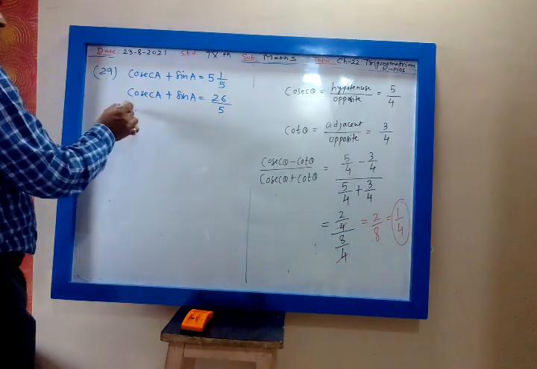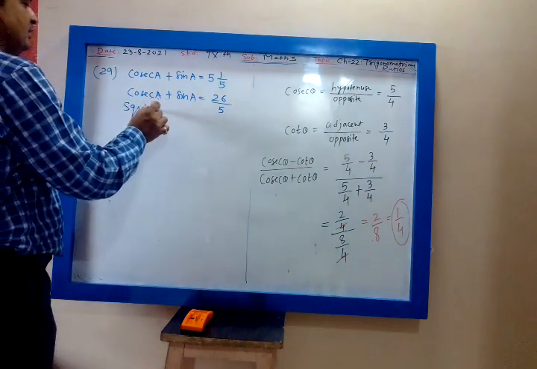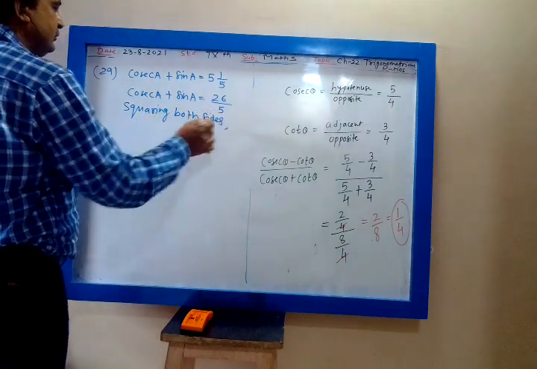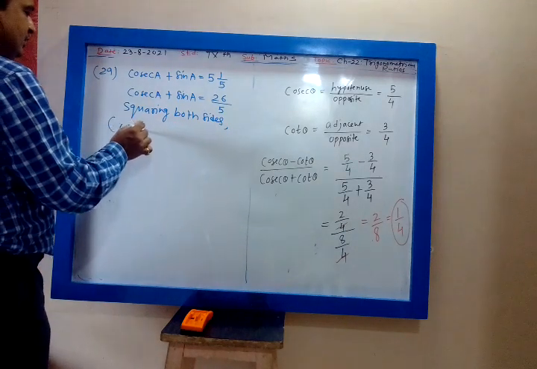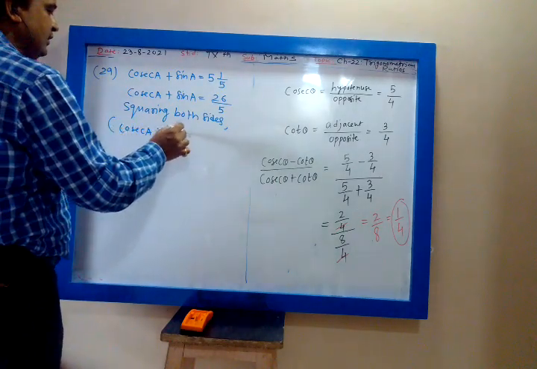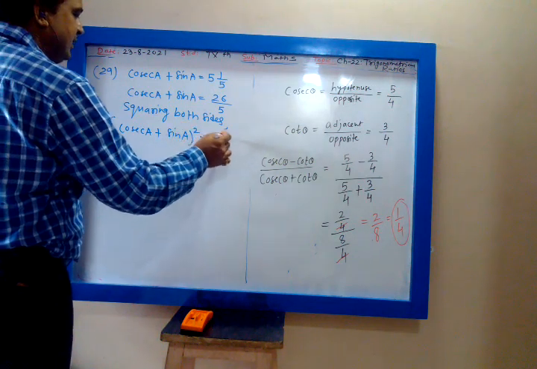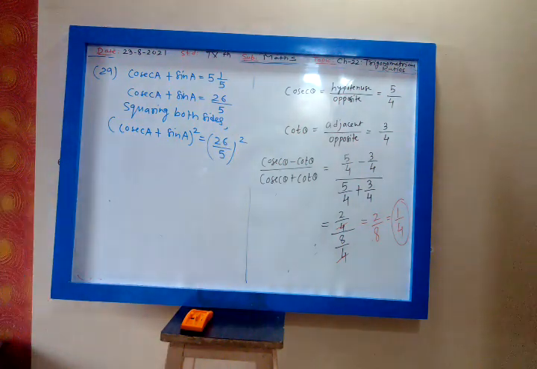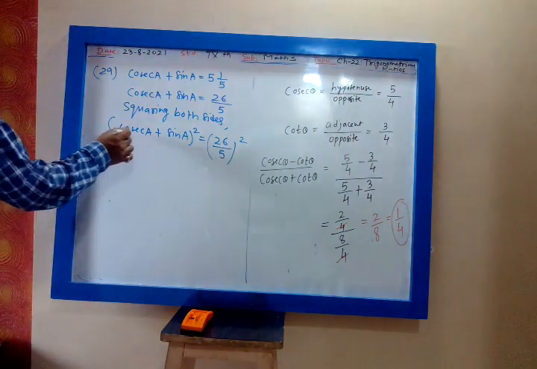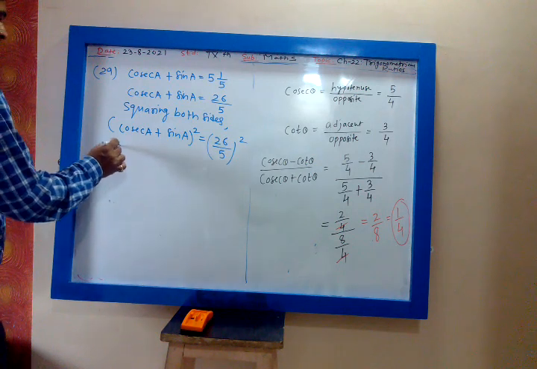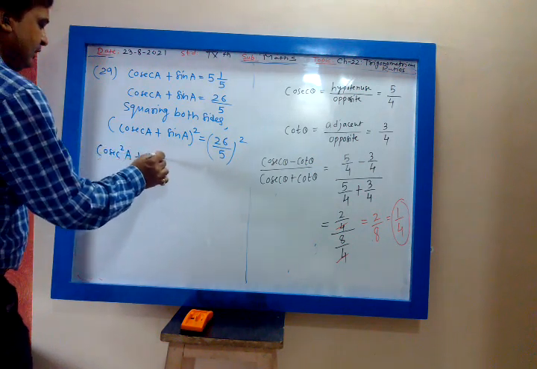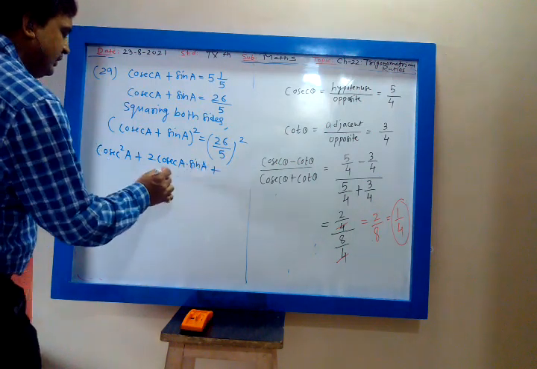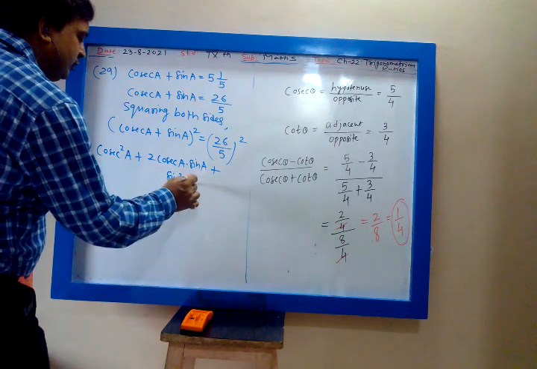Squaring both sides, you will get cosec A plus sin A whole square is equal to 26 by 5 whole square. So cosec square A plus 2 cosec A into sin A plus sin square A is equal to 26 square upon 25.